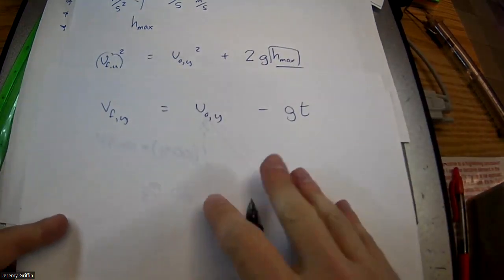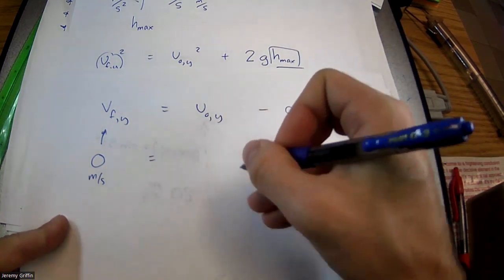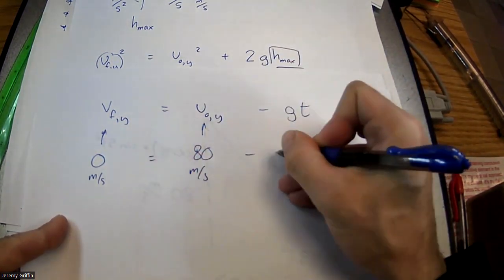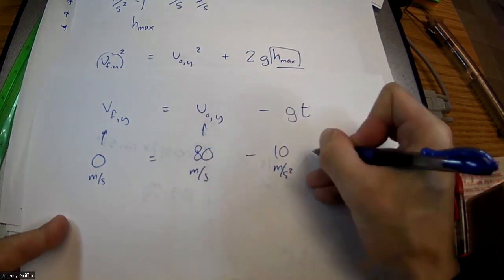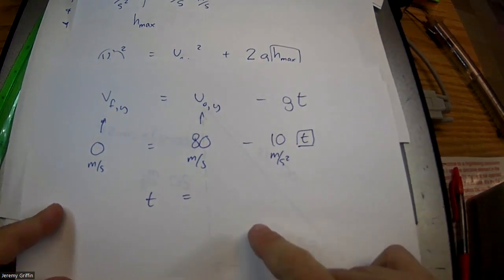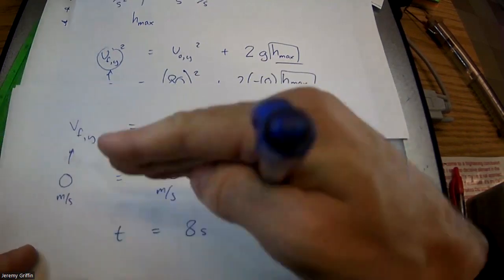Can I do that? It's going to 0 meters per second from 80 meters per second strictly vertically, minus 10 meters per second squared times time. How much time does it take to get to the max point? 8 seconds. So it's 8 seconds on the rise.